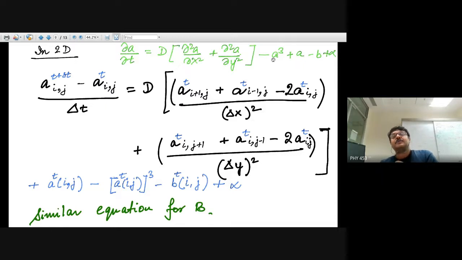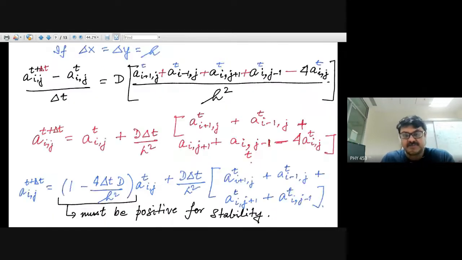And if you also had the reaction terms, then you would add a at time t ij minus, for each lattice site, a t whole cube minus b at time t ij plus alpha being a constant. And similarly, you would have another very similar looking equation for b, for the concentration of b, I mean, the partial differential equation for b.